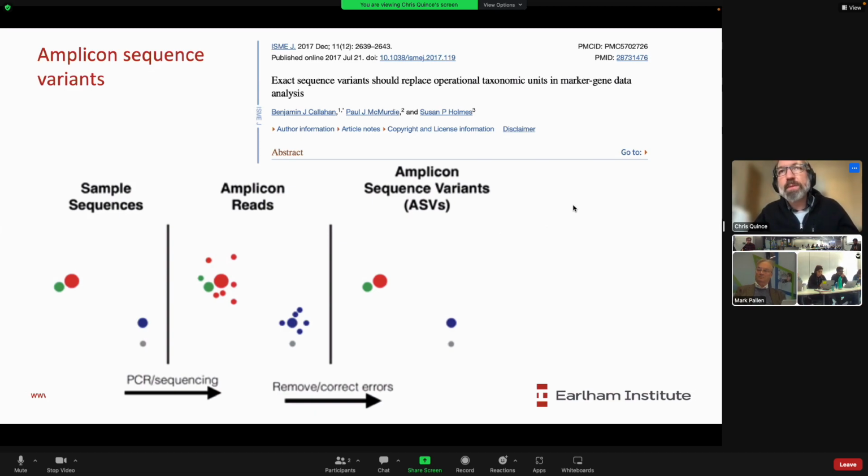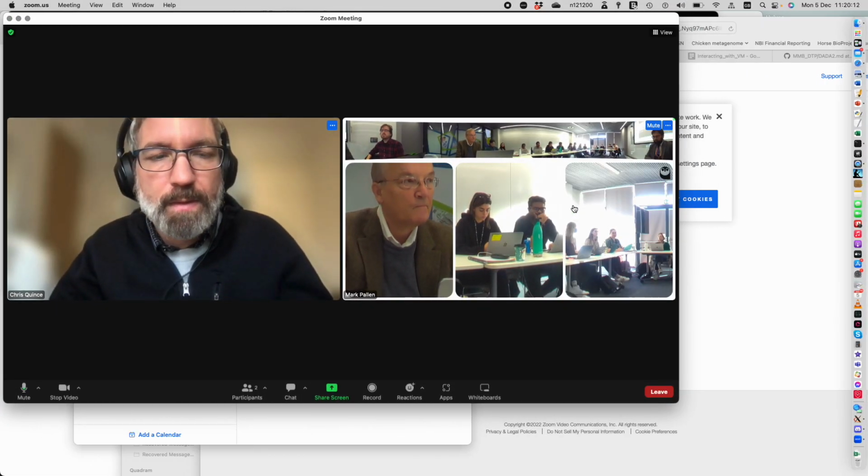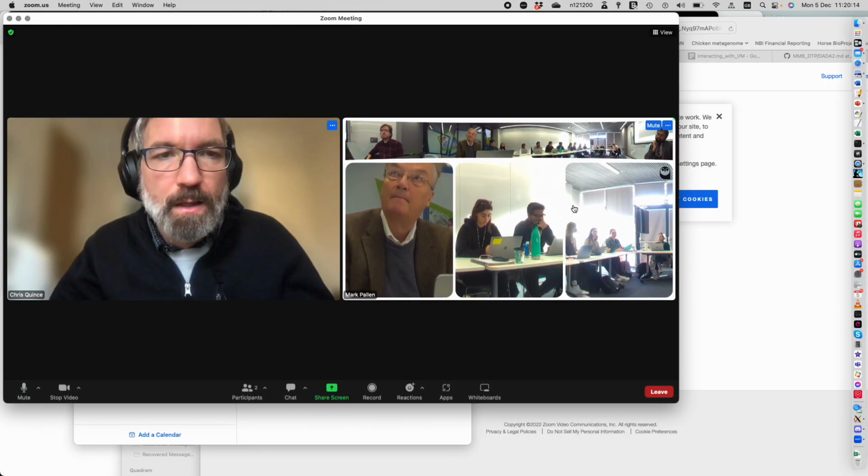I would recommend both approaches. Not least because if you don't use ASVs, your reviewers will get upset. Okay, is that clear now? Yeah, I think so. So you group them together basically to make data processing easier down the line.